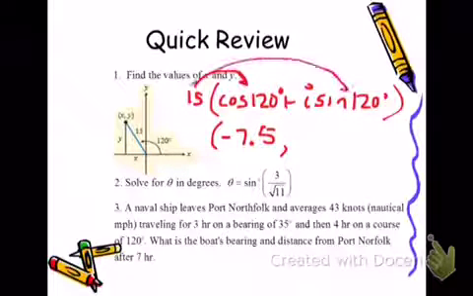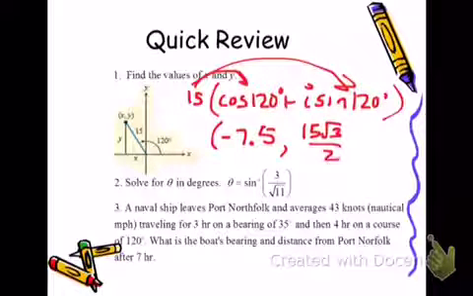And then 15 times the sine of 120 degrees is 15 times the square root of 3 over 2. In decimal form it would be something else, but that's 15 times the square root of 3 over 2. Does the i go away? Yeah, if we're just finding the values of x and y, the i can go away.